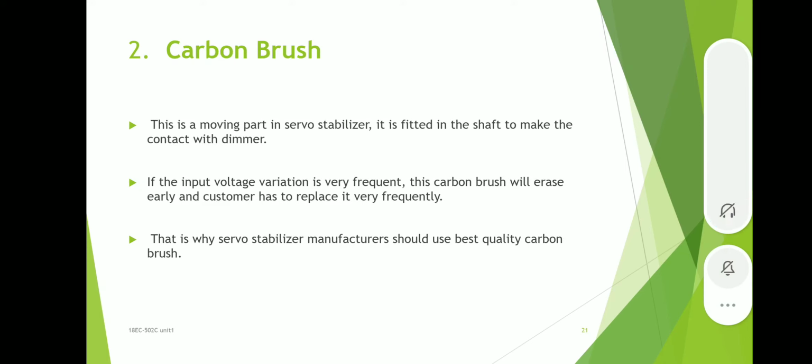If the input voltage variation is very frequent, with more fluctuations in the input voltage, the carbon brush will erode early. In the servo stabilizer, the lifetime of the carbon brush depends on the input voltages received. If there are frequent fluctuations, the lifetime of the brush will be lost.